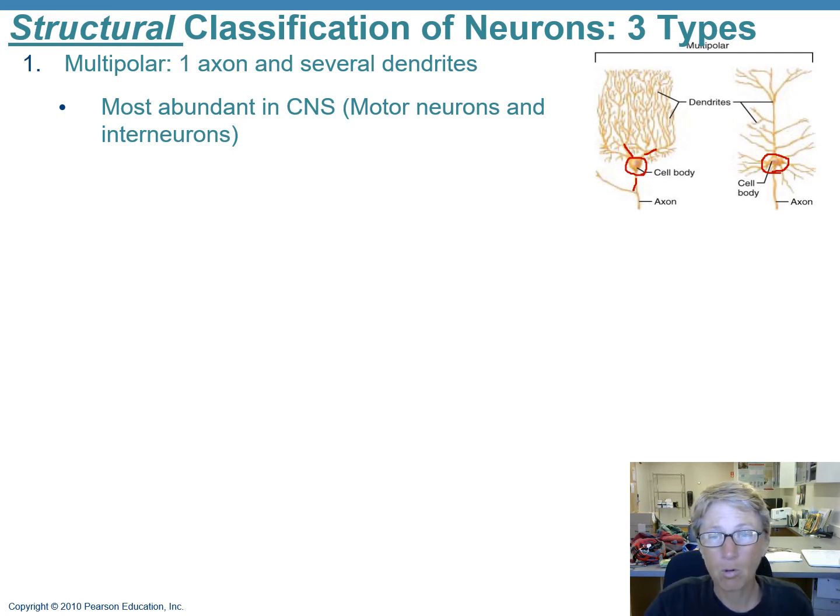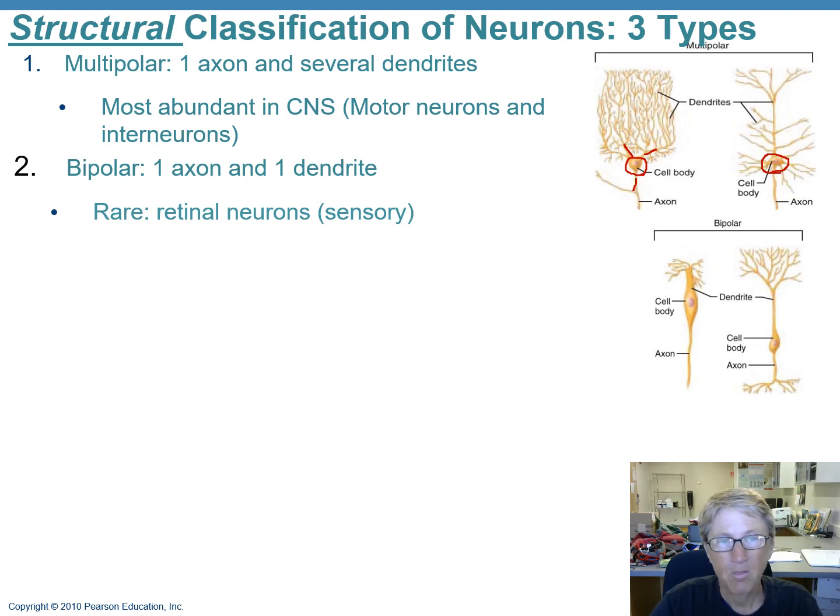So multipolar is one axon and several dendrites, and you find those mostly in the CNS, in motor neurons and interneurons. The second type of neuron is a bipolar neuron. You have one axon and one dendrite. So here's the cell body, here's the one dendrite, here's the one axon, here's the cell body, here's the one dendrite, and here's the one axon.